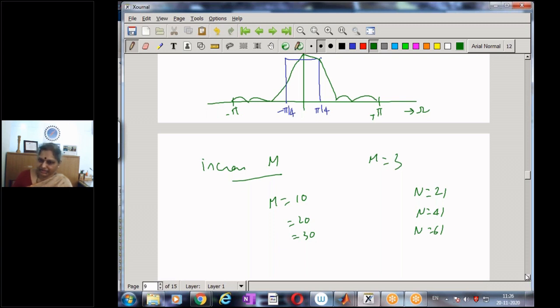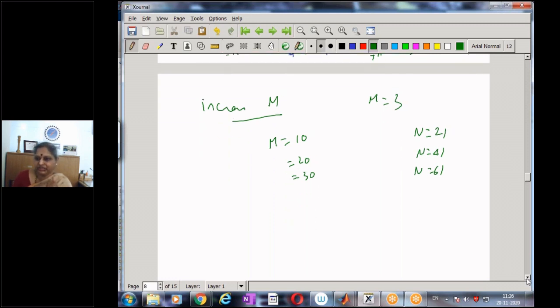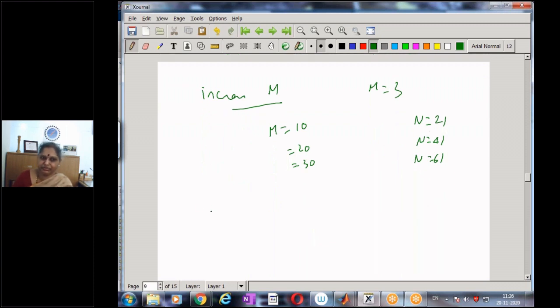In this example we have taken N equal to 7, and we find that it is a very poor representation of the desired frequency specifications.